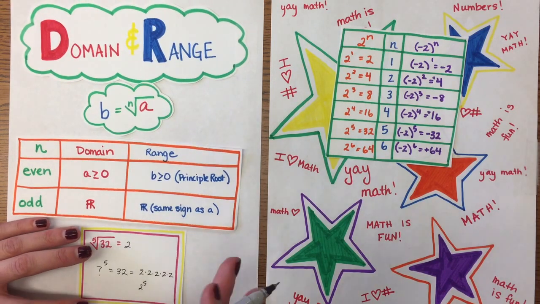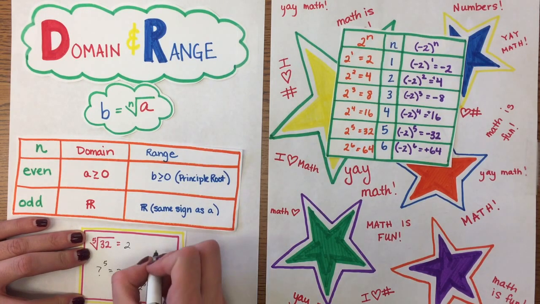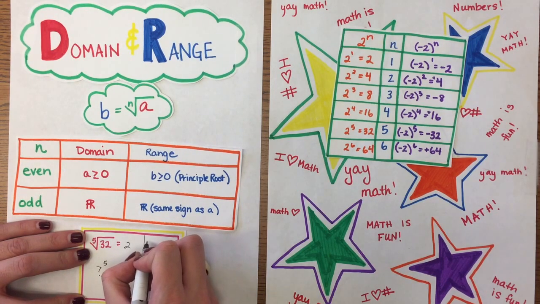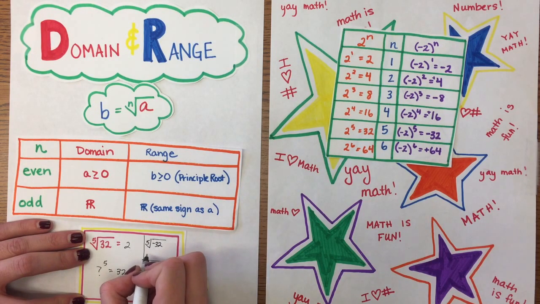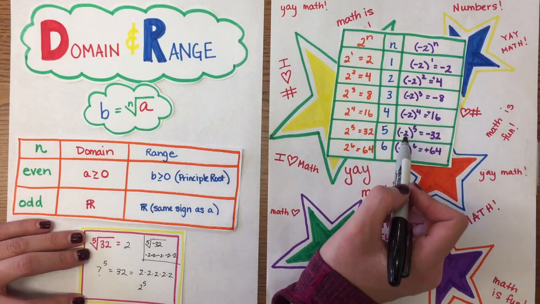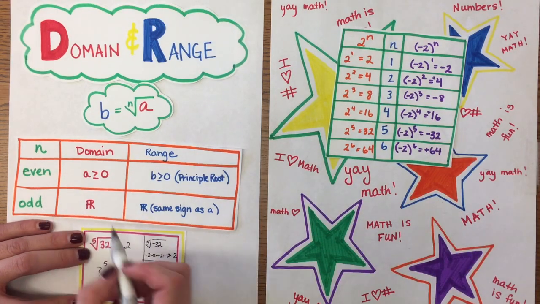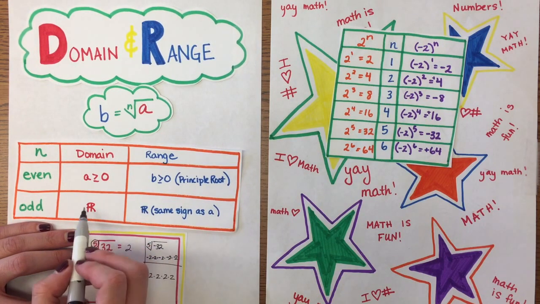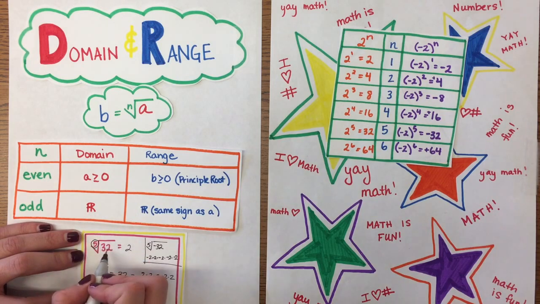I'm welcome to have a negative number, because the 5th root of -32 would just be -2 times -2 times -2 times -2 times -2. Right? -2 to the 5th is -32, so that's okay. So if my index is odd, I can put any number I want, -infinity to +infinity, under the radical. So the radicand can be all real numbers.